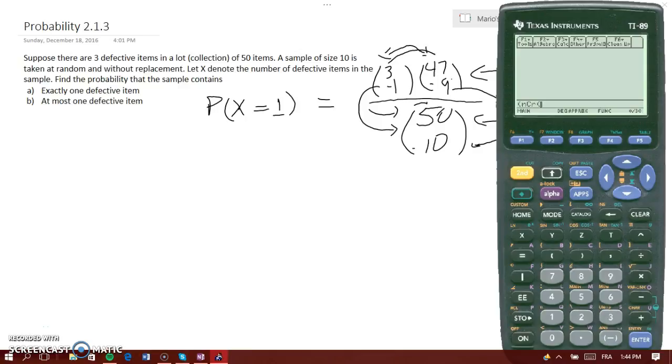What you can do now is copy this. You press copy, and then you press escape. That is to copy the nCr.